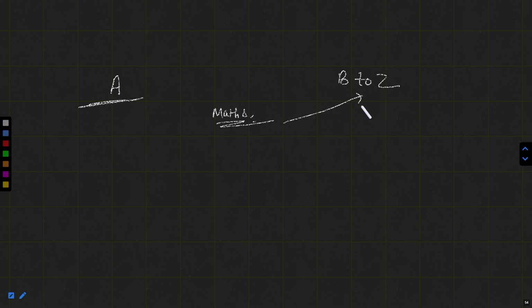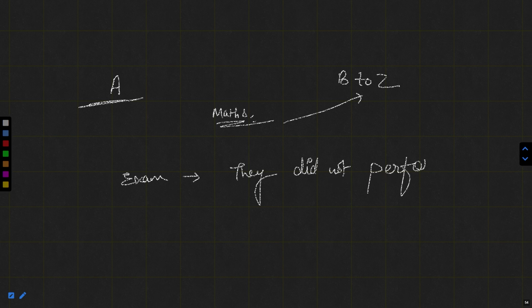But in the examination, these B to Z students did not perform well, or they did not do the sum. Suppose he has taught them to do division questions, but they were not able to do that.